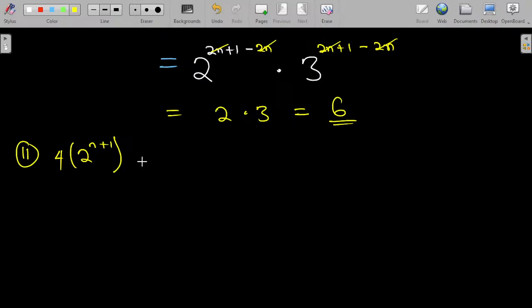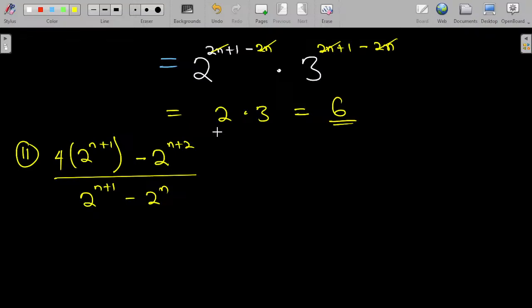Then minus 2 to the power of n plus 2, all over 2 to the power of n plus 1, and then minus 2 to the power of n. Okay, so what did they expect us? We are still simplifying. The question actually says simplify each of the following, and that's from 1 to 11.